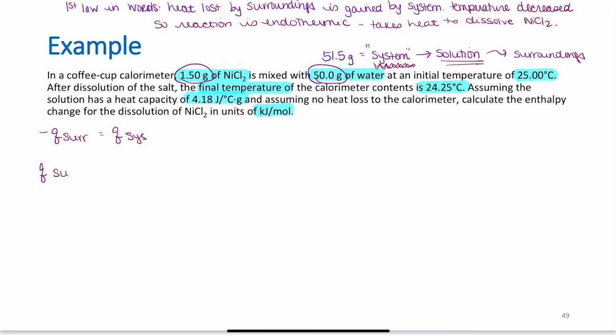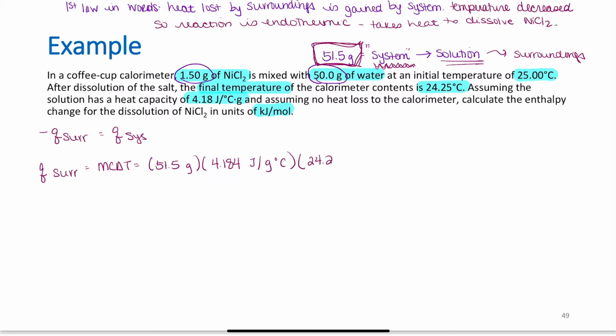So Q of surroundings, because that's what I'm actually measuring, is your mcΔT equation. Your mass, we do have 51.5 grams here. I've got the 1.5 grams of your nickel chloride and the 50 grams of water. 51.5 grams times specific heat of water. Again, you need to know this number, 4.184 joules per gram degree C. And our change in temperature.